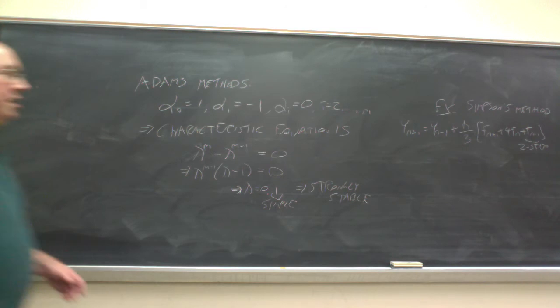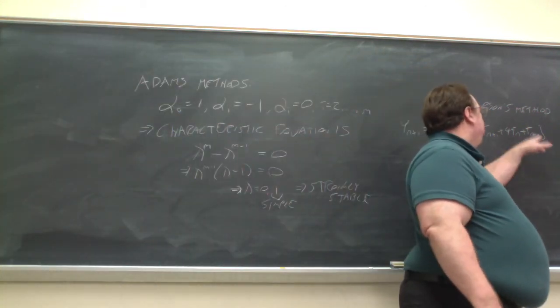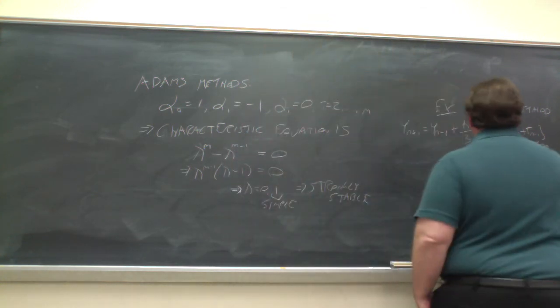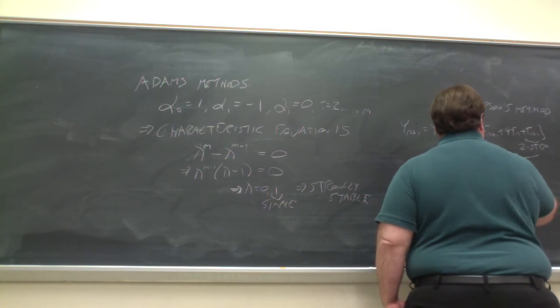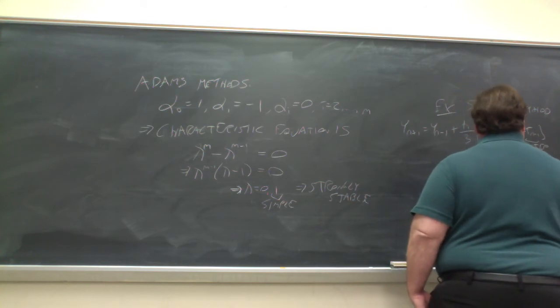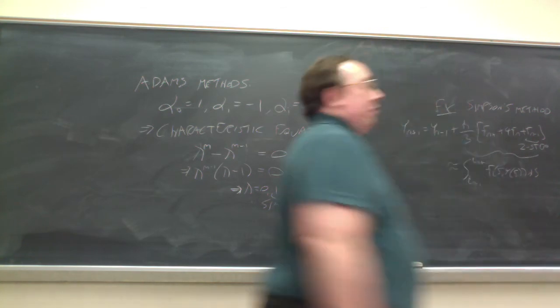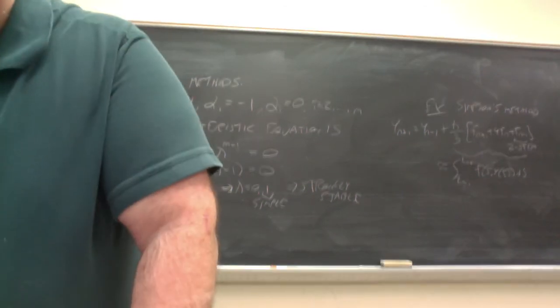Notice that the midpoint is given 4 times as much weight as the others. So the idea is that this approximates the integral from t_{n-1} to t_{n+1} of f. And that approximation is carried out using Simpson's rule. So that's where the method gets its name.